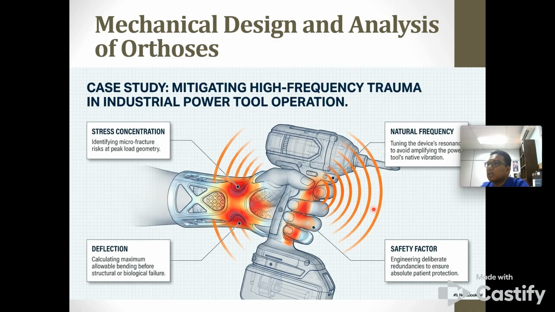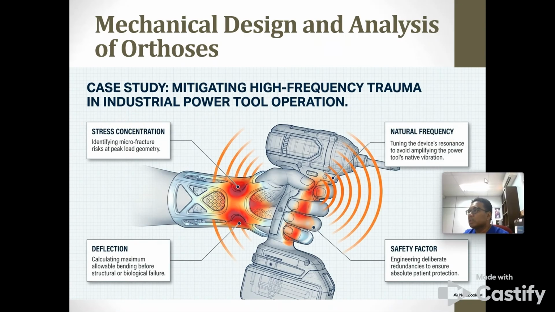Okay, this is the case study of how we can mitigate the high frequency trauma in industry power tools. There are some parts that need to be concentrated on. For example, from the tool itself, you may need to know the natural frequency.